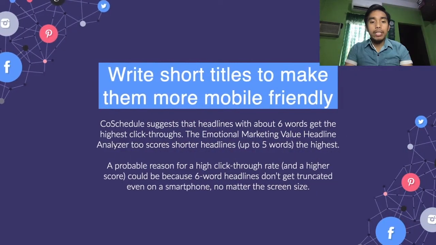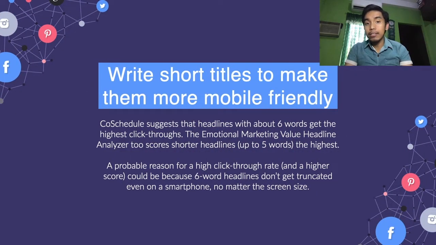So, first is really to write short titles to make them more mobile friendly. According to CoSchedule, headlines should be about 6 words to get the highest clicks. Others say even shorter, about 5 words or less. The reason for this is when you have that short of a headline, it's more visible when enlarged on a smartphone.